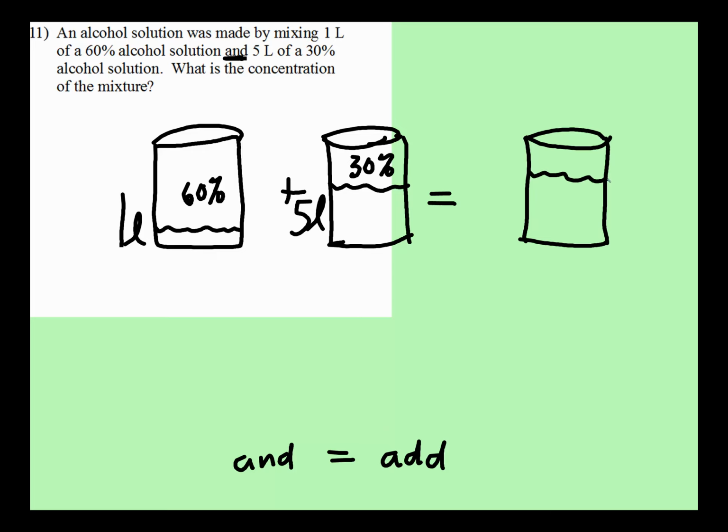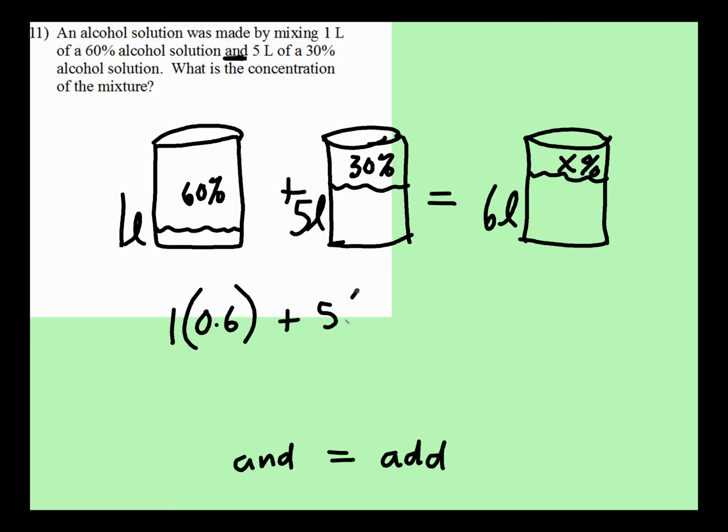So up here we have 6 liters, and we don't know what the solution is. But look, we have set it up. 1, and I'm going to convert that percent to a decimal. Remember, divide that by 100, so 0.6. And a number on the outside of parentheses means multiply.